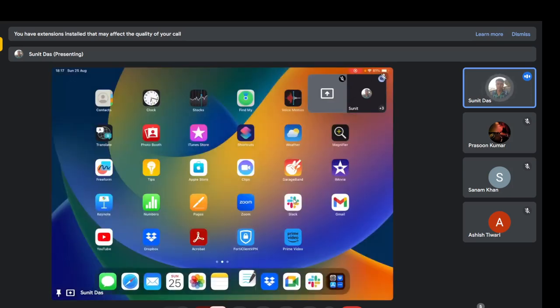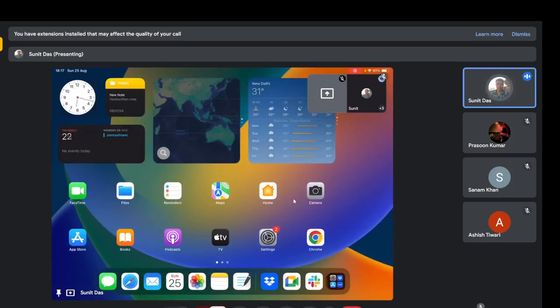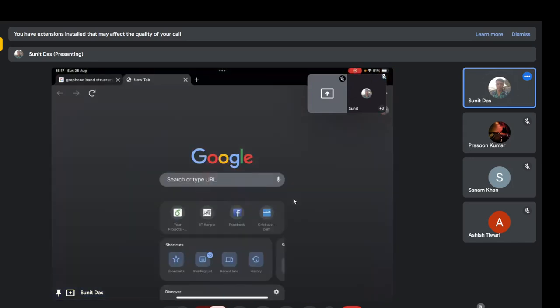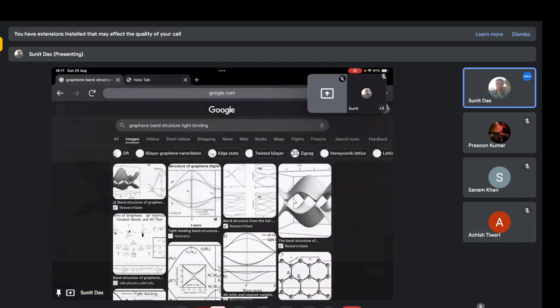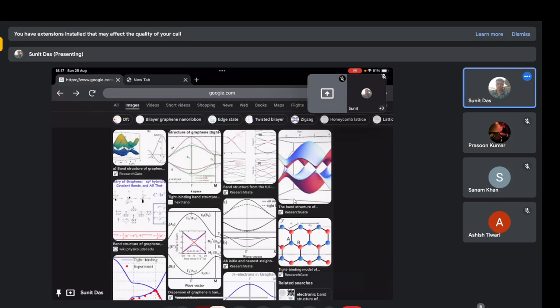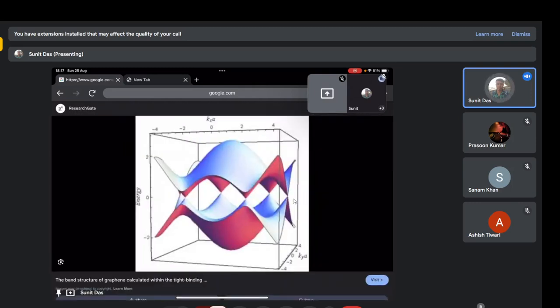Now, let me just see how this actually looks like. Okay, so this is the tight binding band dispersion of graphene, which you see on the screen.